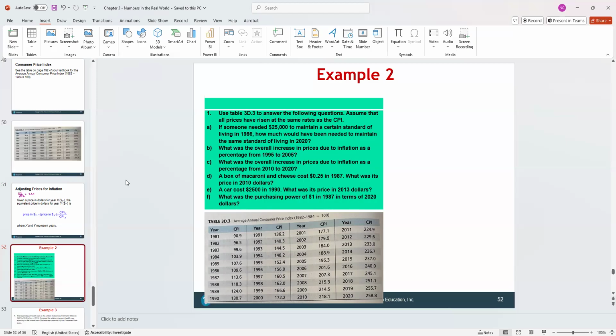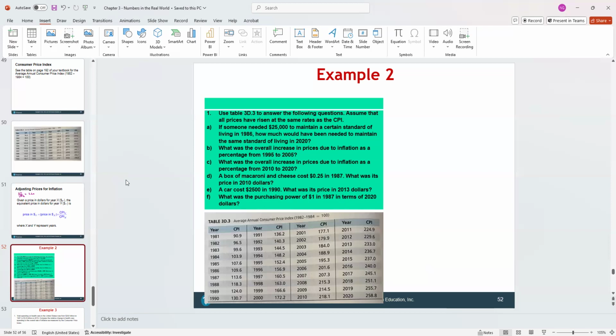So we said that if someone needed $25,000 to maintain a certain standard of living in 1986, how much would have been needed to maintain the same standard in 2020?